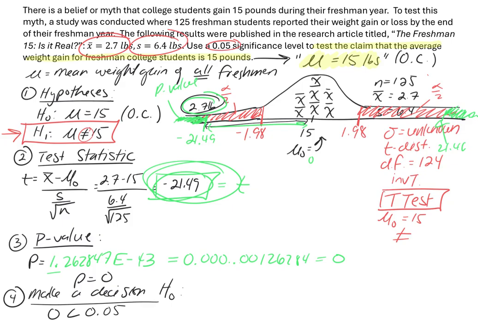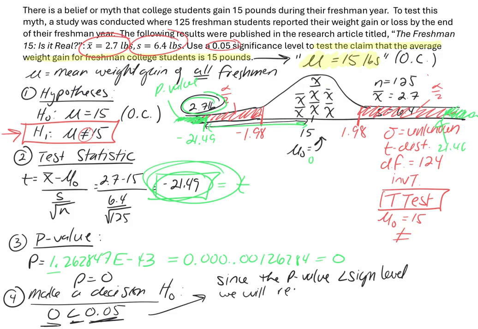And notice that since the p-value, and make sure you write down that p-value, 0, is less than your significance level. Again, write that down, is less than 0.05, right? We will reject the null hypothesis claim.